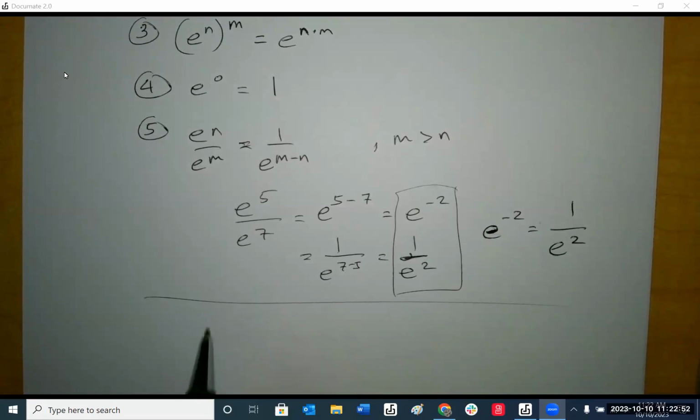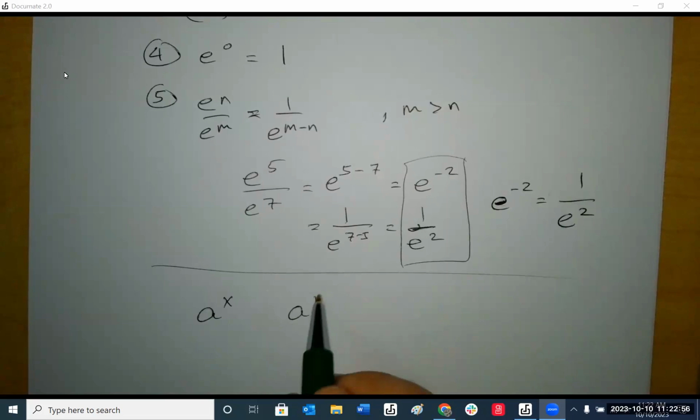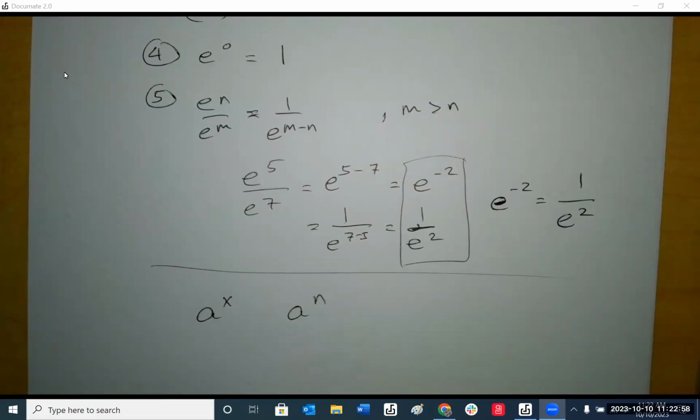And it doesn't have to be e, it could be any base a. All these rules apply to any base a.